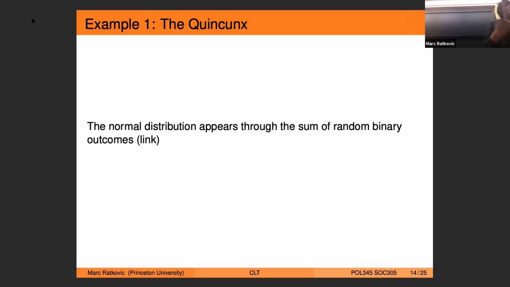If we can think of a process as simply a sum of yes or no decisions, then a sum of those is approximately normal. And that right there is the basic insight of the central limit theorem. If there's a process that's a set of 0-1 decisions, then it's approximately normal. And this was the first central limit theorem.